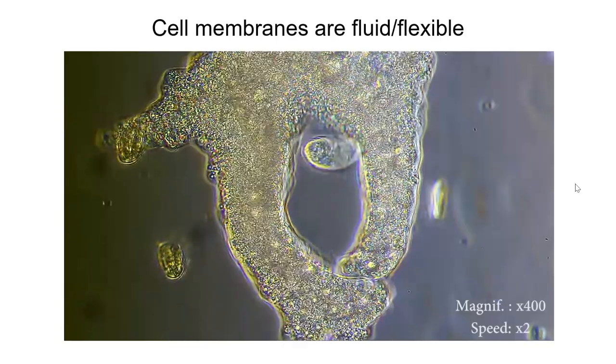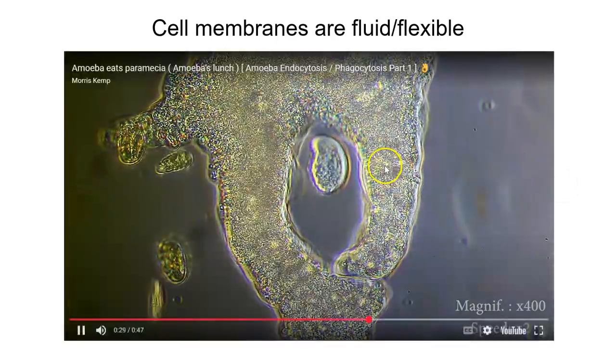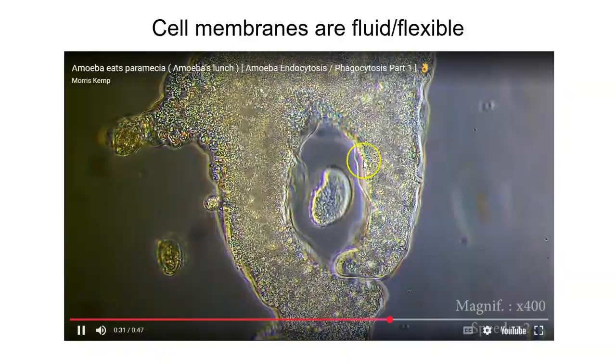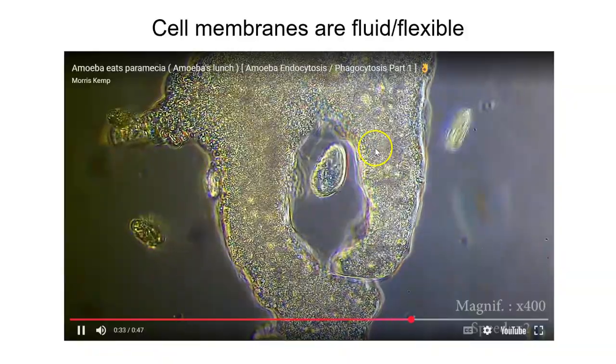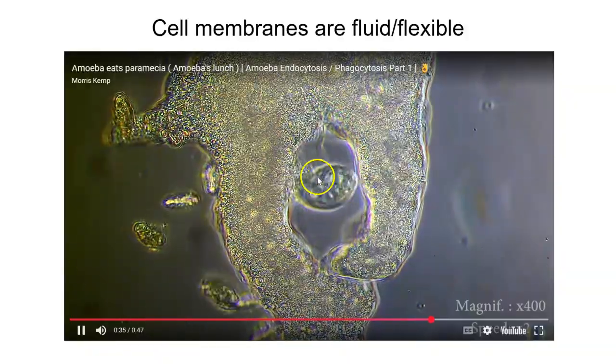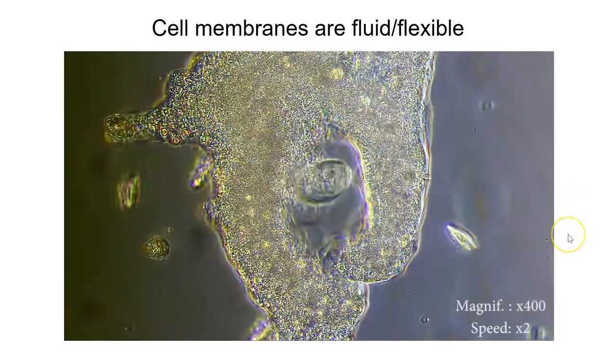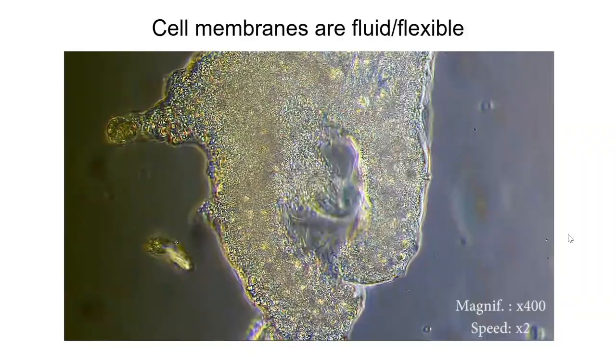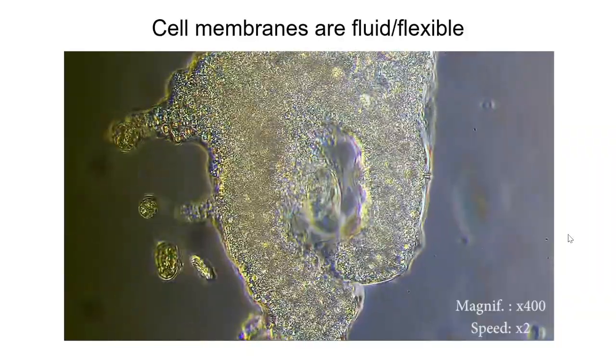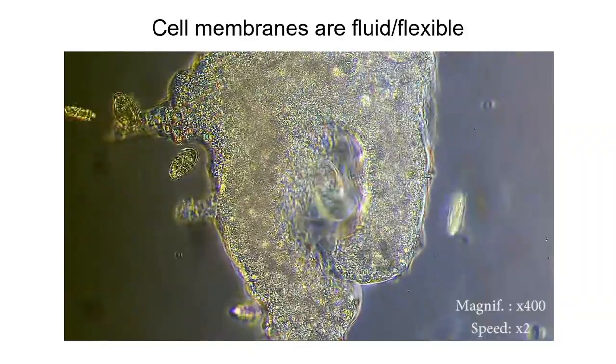And at some point, the amoeba, this guy, will probably start shooting in some digestive enzymes to break down the paramecium and allow it to absorb all the nutrients. Kind of fascinating.